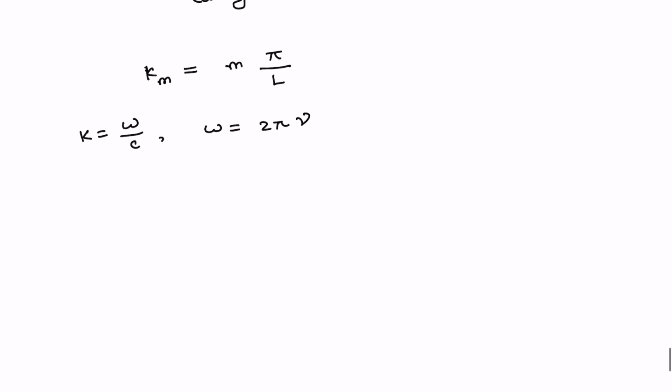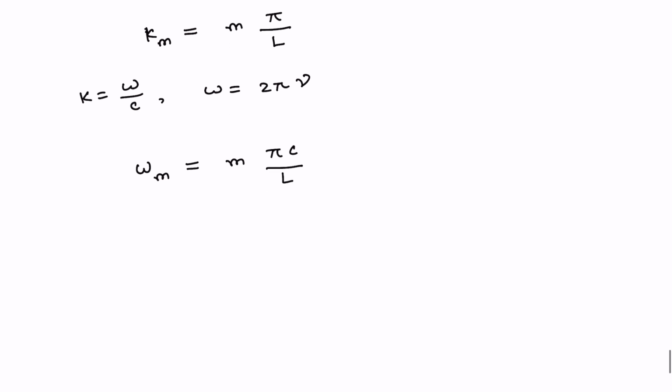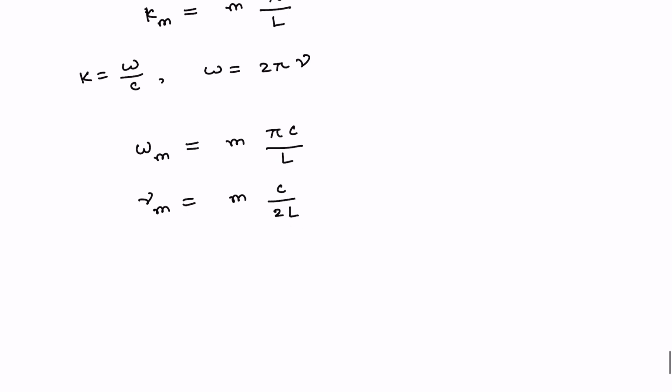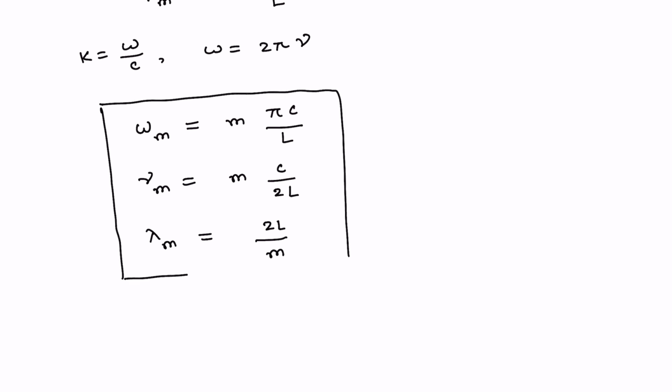So you can write the cavity resonance condition in this form: omega m is equal to m into pi c by l. Then you can also write it as nu m is equal to an integral multiple of c by 2l, where c is the speed of light. Or you can also write it as lambda m is equal to 2l divided by m. All these point to the same fact, but are very useful forms.